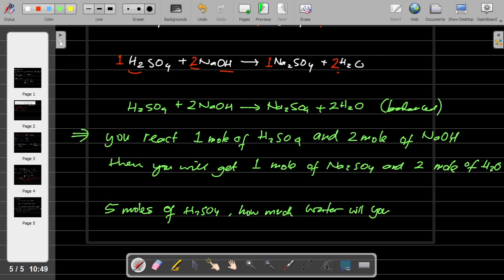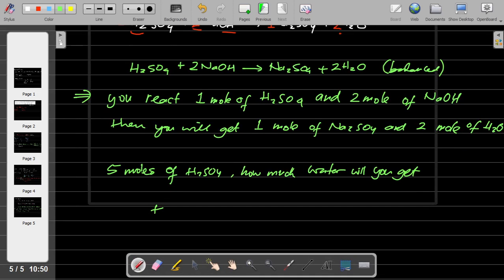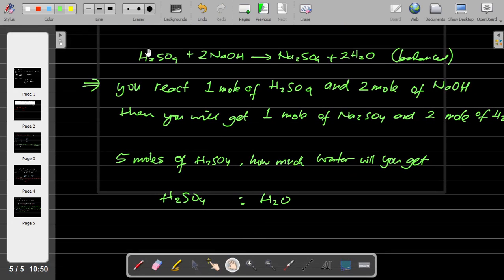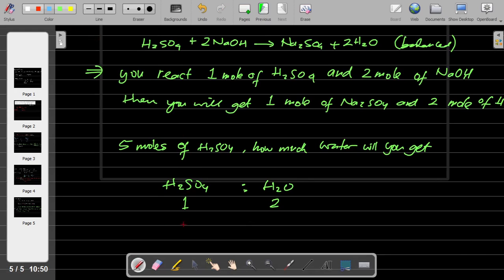It's simple, because of the ratio of H2SO4 compared to water or H2O. The H2SO4 is 1, so I will put number 1 here, and for H2O we put 2 here. So when you have 5 moles, let's say we put number 5 here, how much water will you get?